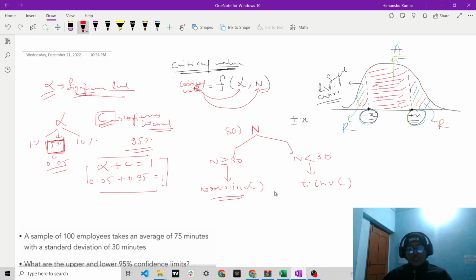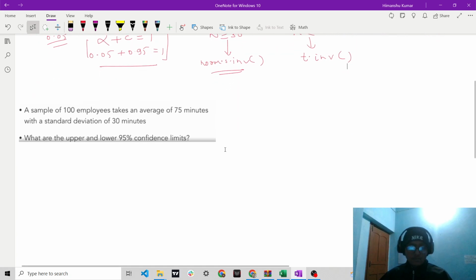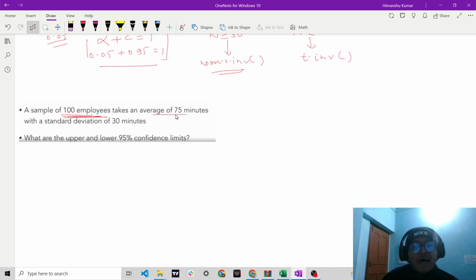We'll go through one question, which will help us to calculate. We'll learn with the help of the question. Here we have a sample of 100 employees, and the average is 75 minutes and the standard deviation is 30 minutes. 75 is the average, size is 100, and the standard deviation is 30.